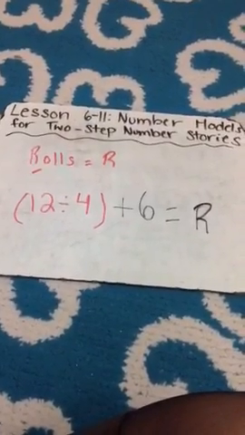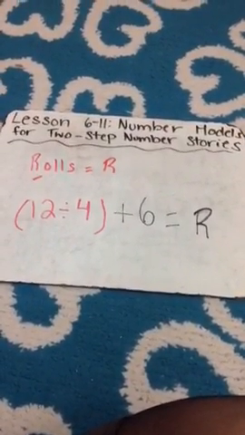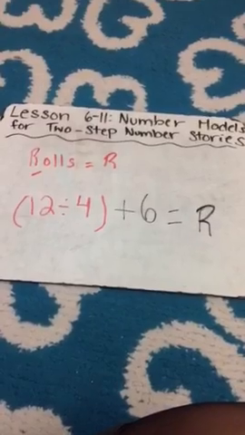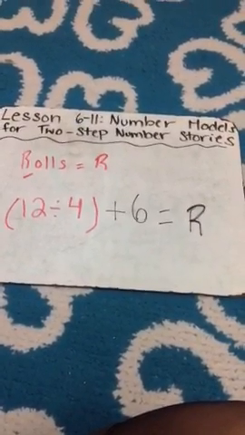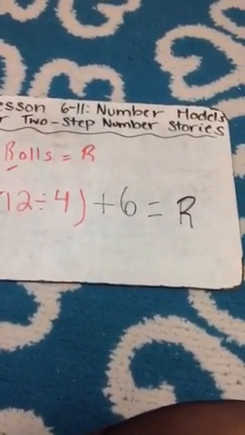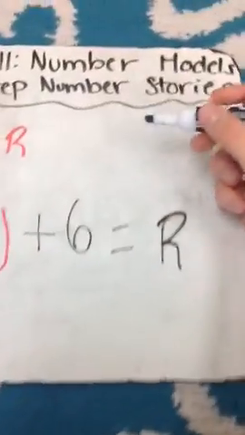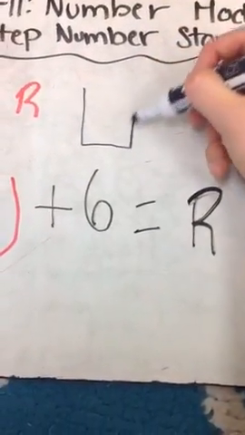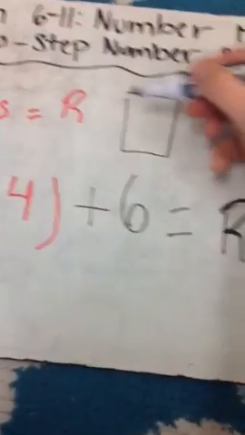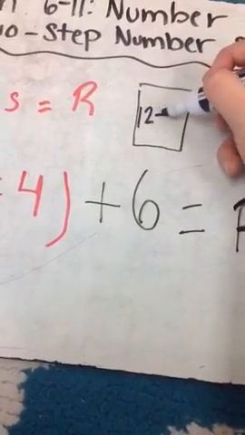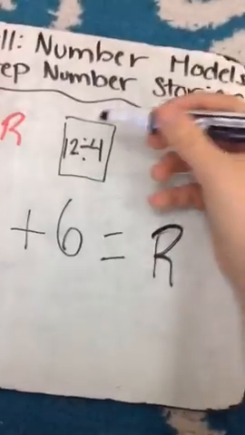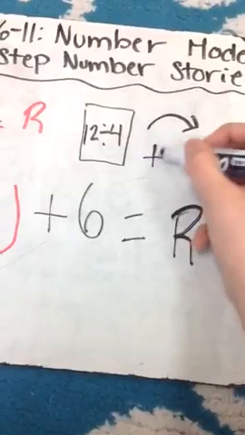So looking at this right now, I'm just thinking about what kind of problem this is. To me, this looks like a change problem because I'm starting off, let me demonstrate it for you in a picture. I'm starting off with 12 divided by 4. That's what it said first. That's the first part. Then it says I need to change because I'm adding one more group.